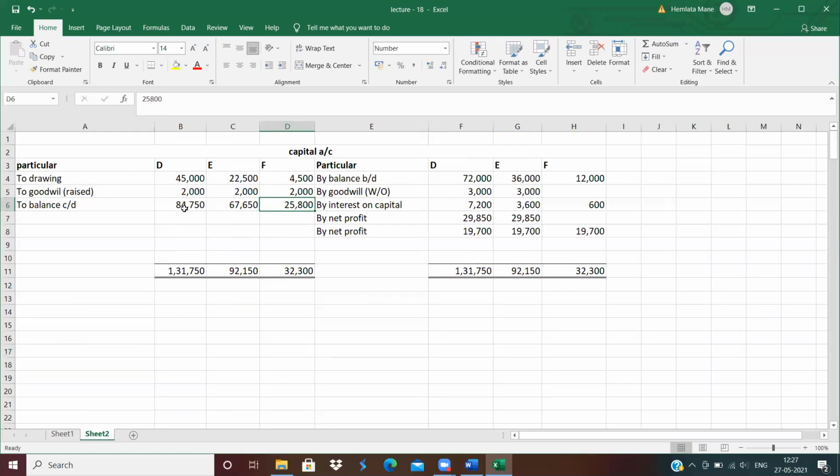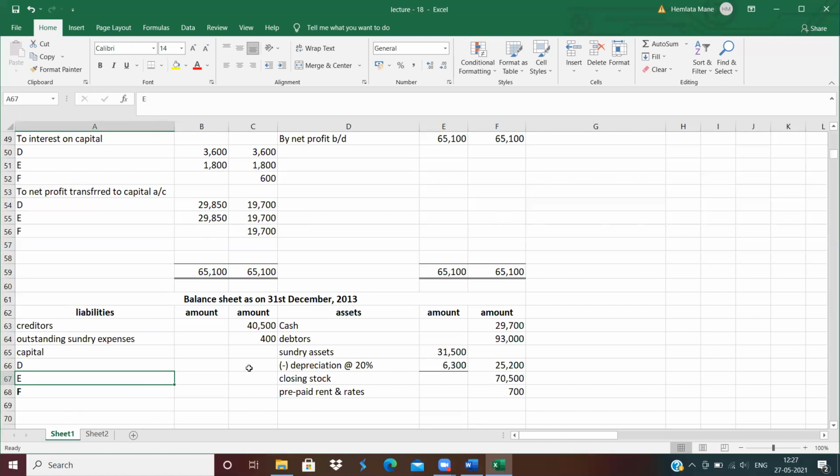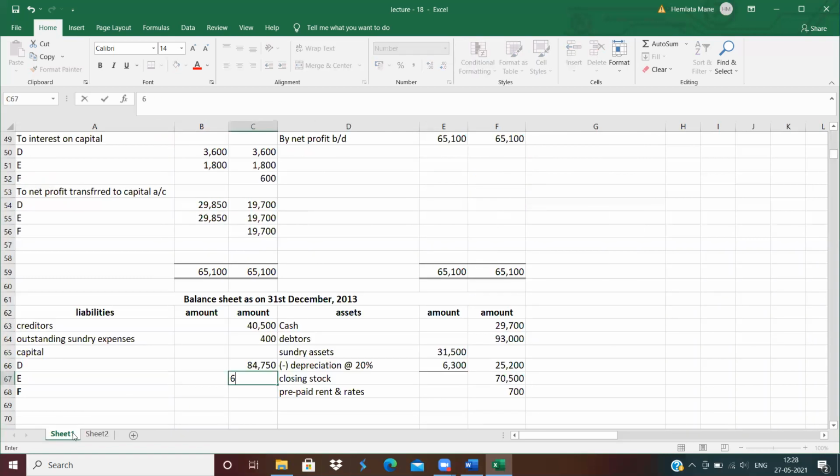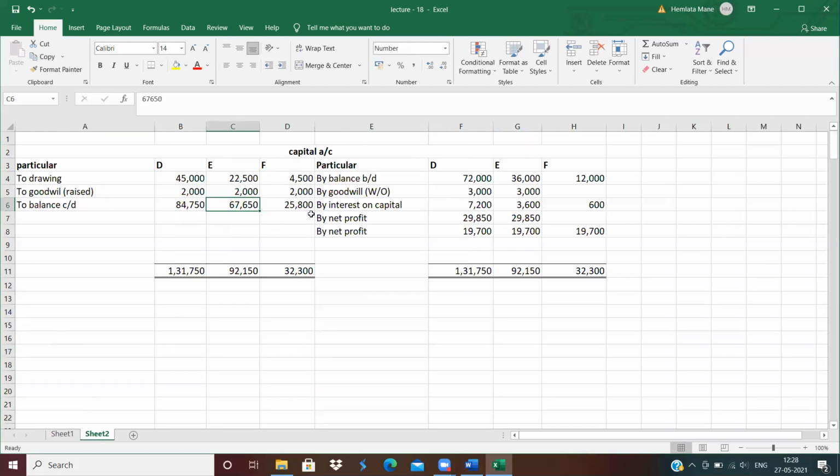See in the question. 84,750. Now next, how much is the capital balance of E? 67,650. How much is the capital balance of F? 25,800.